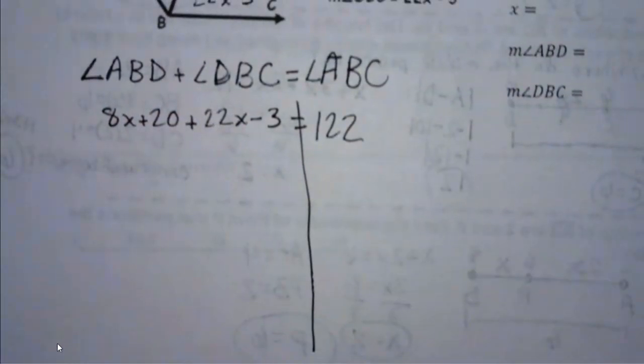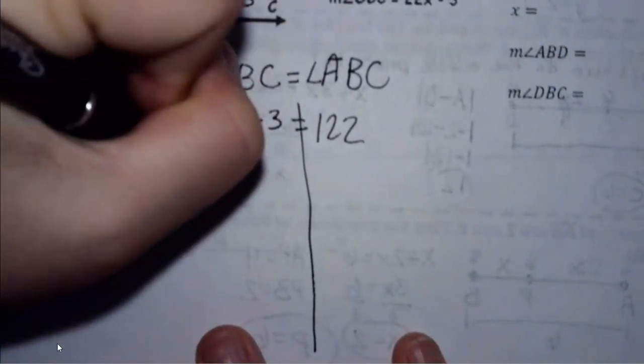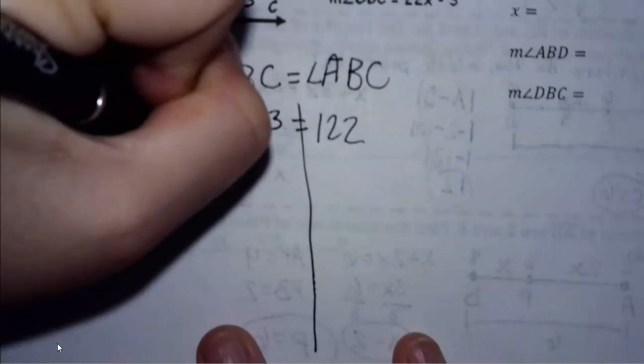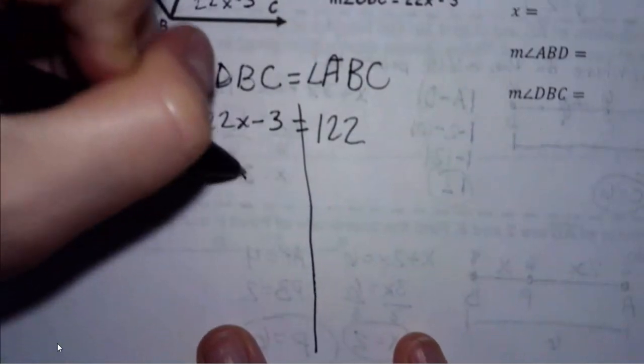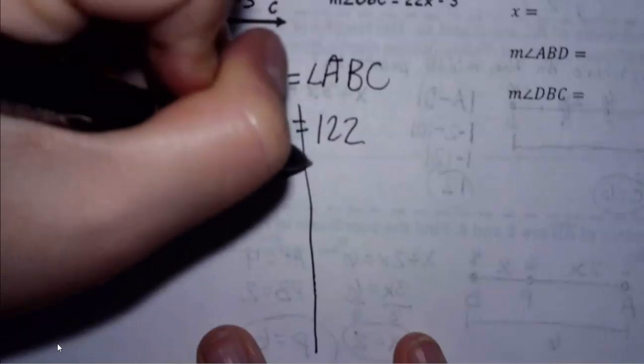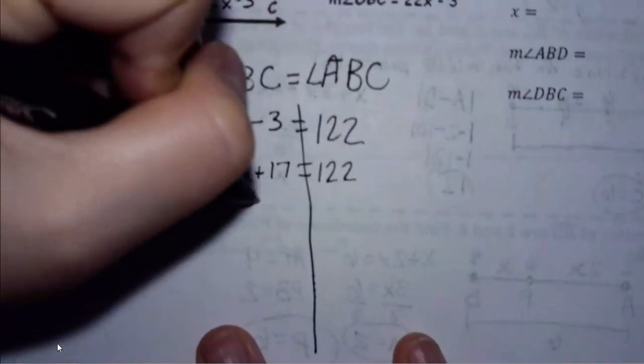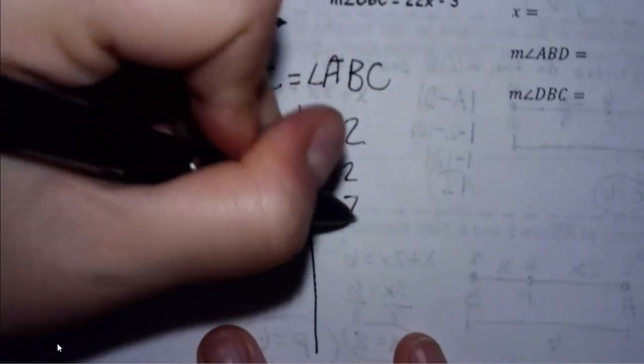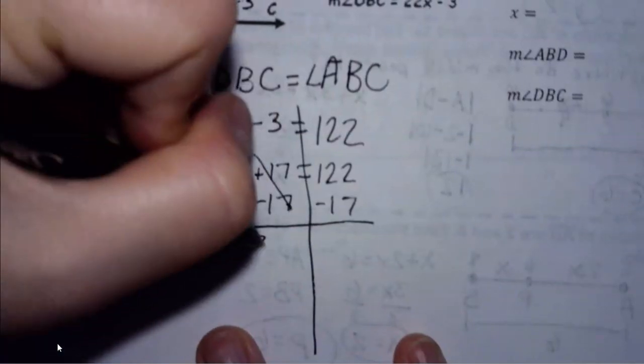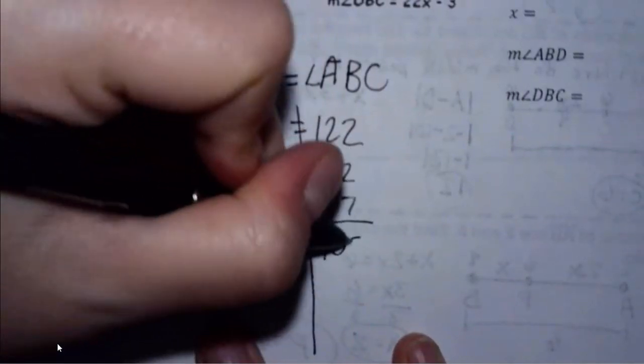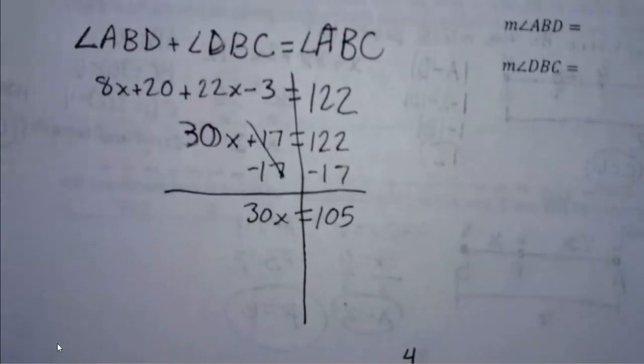It's all on the same side of the equal sign. So combine those like terms: 30x plus 17. Take away 17 from both sides. So you have 30x equals 105.